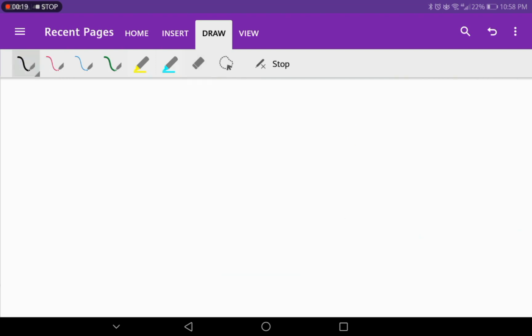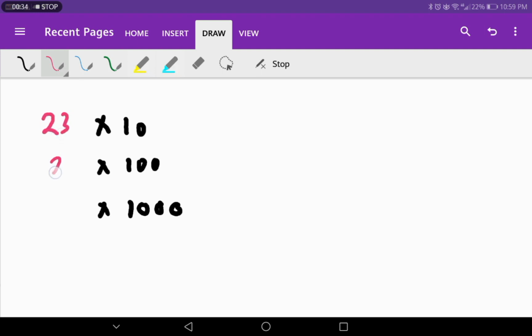As you know before, if you multiply by 10 or by 100 or by thousands, the number will be bigger. For example, if I have 23 and I multiply it by 10, the answer must be 230. We just add 1 zero each time, yes?